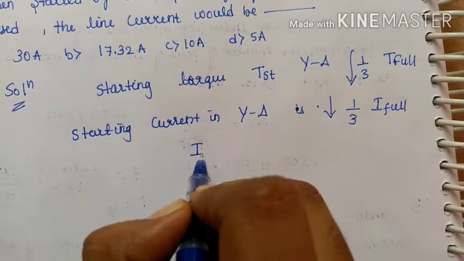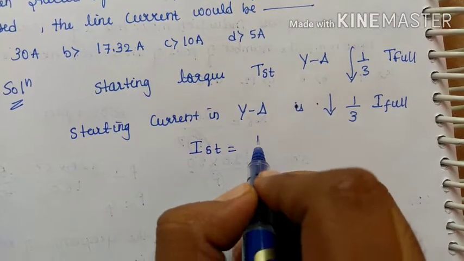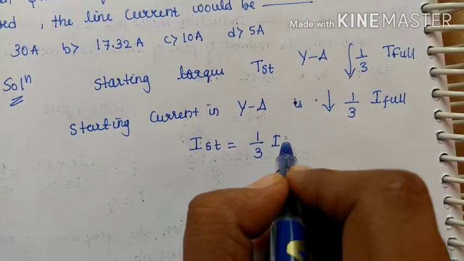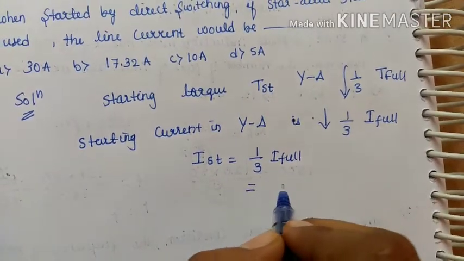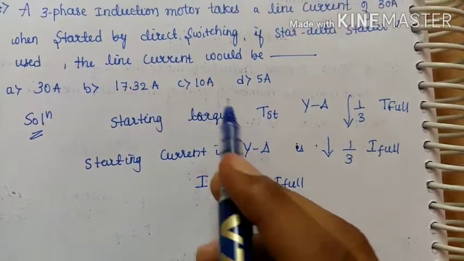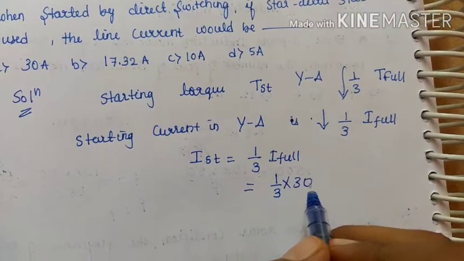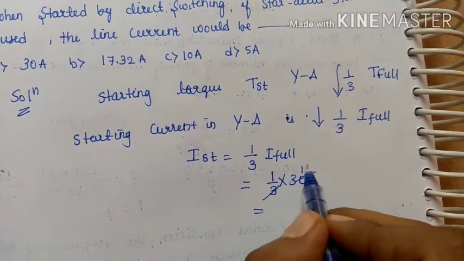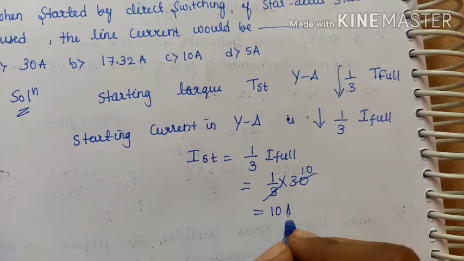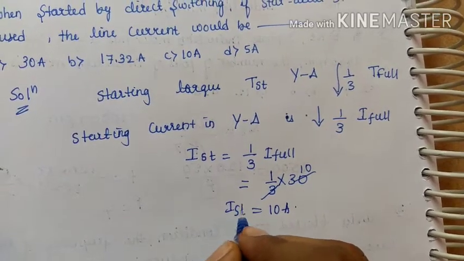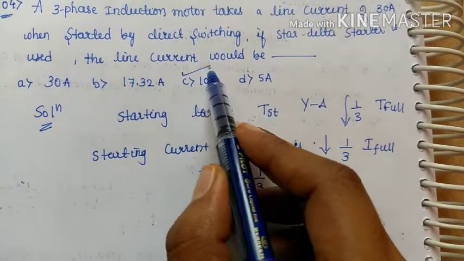So that is Ist equals 1/3 times I full. So we have 1 by 3. They have given the line current as 30 amps. So 30, 3 goes 10, so we get 10 amps as the answer. So option C will be the answer.